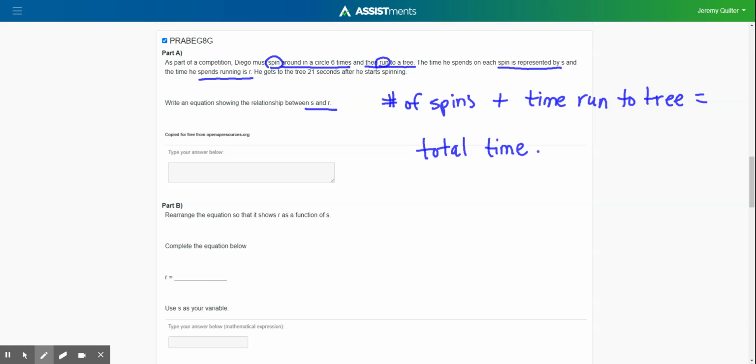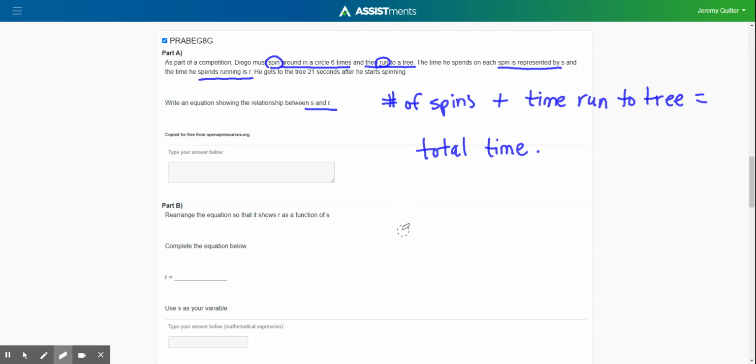Once you have that information, you're going to rearrange the equation so that it shows R as a function of S, meaning rearrange your equation. So let's say if you just had some equation, I don't know, let's think super random. I'm not going to give it to you.